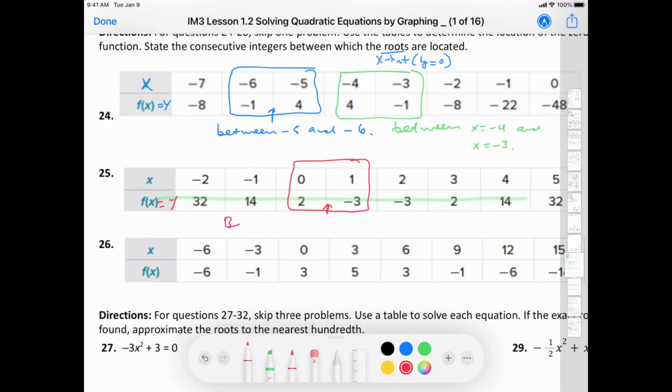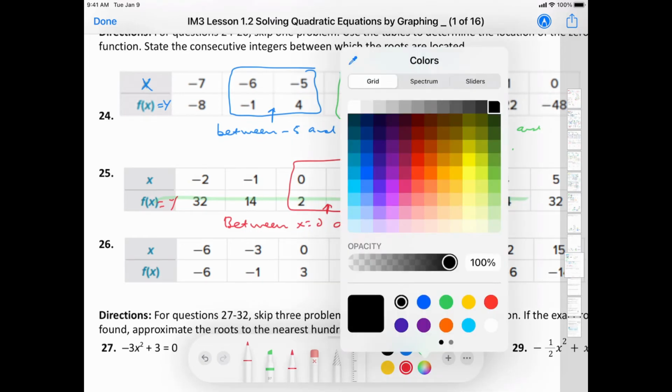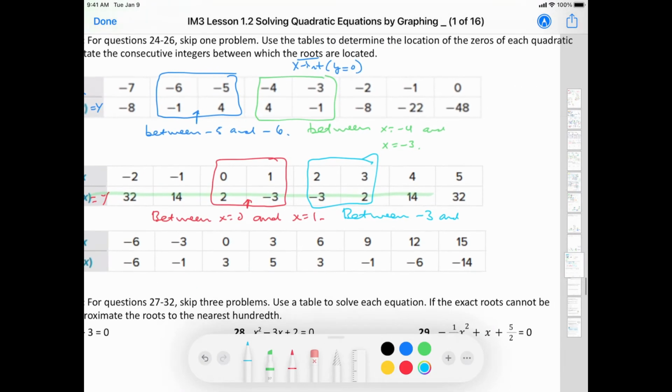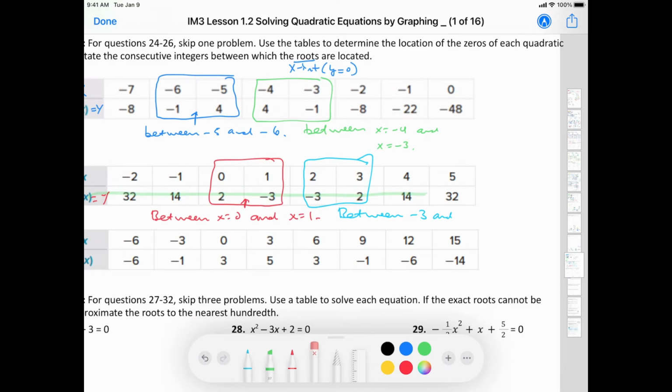So we can say between x equals 0 and x equals 1. And I can also see that here. Between negative 3 and, whoops, did you guys see my mistake? Between 2 and 3.